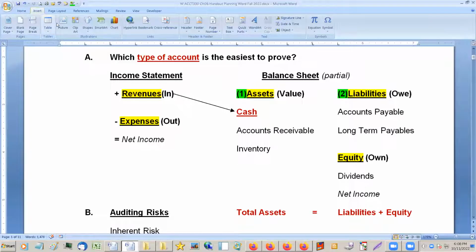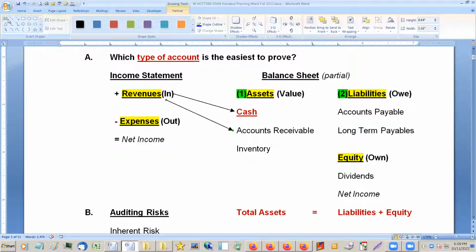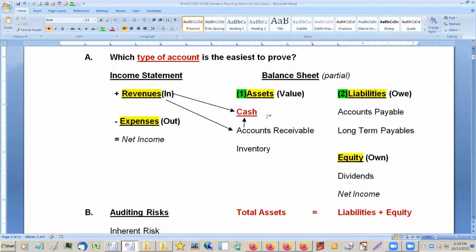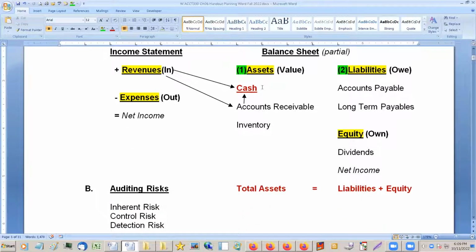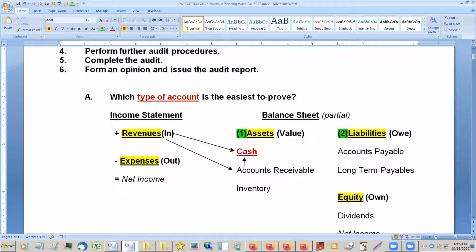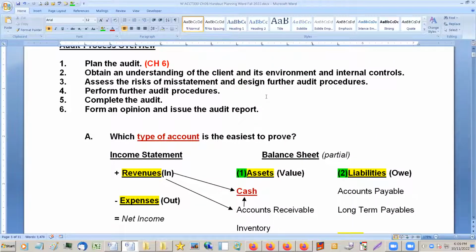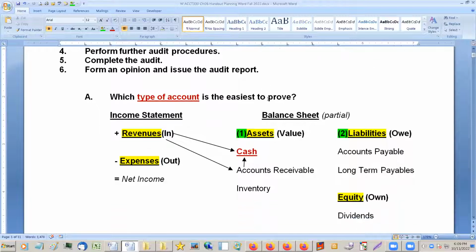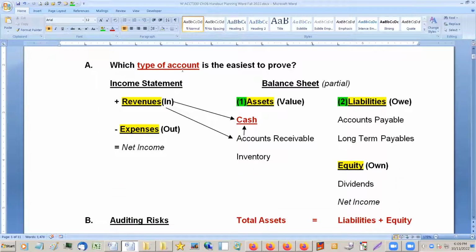You say, well, what about if they buy it on credit? Okay. If they buy it on credit, it goes into accounts receivable. When they pay it, it goes to the cash account. Right. So while you're proving cash, you can actually prove almost every other category on the financial statements.